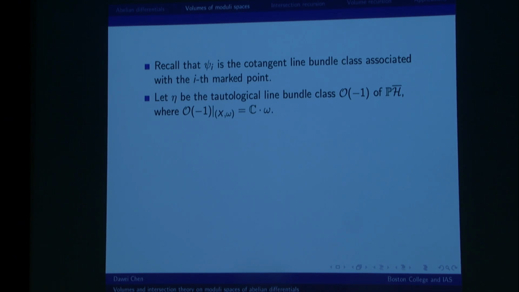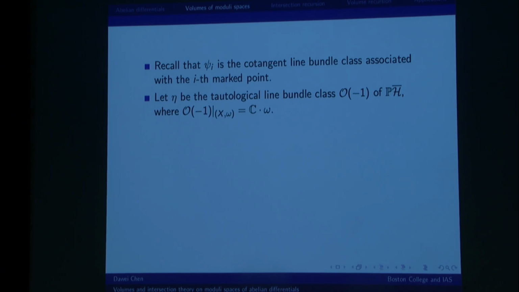In other words, I have this O(-1) class, a line bundle over the projectivized Hodge bundle, whose fiber over a point is the equivalence class of omega, where omega is regarded modulo C star. This fiber is just given by the linear span of omega. I have a one-dimensional fiber spanned by the vector I'm parameterizing.